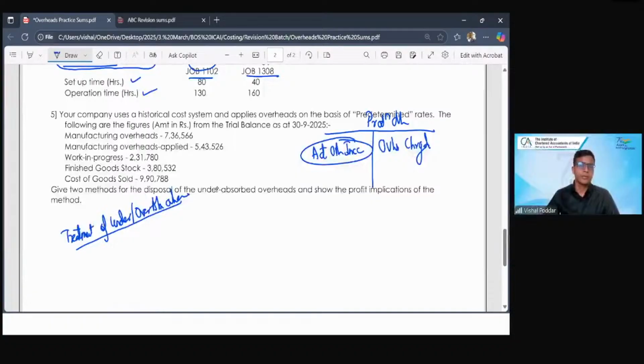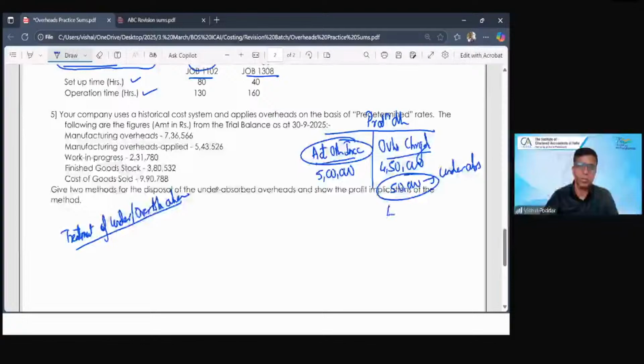Now, when you have these two different figures, in which debit side is your actual amount which you paid, credit side is the amount that you charge using ORR, definitely there will be some difference. Let us say this is 5 lakhs, what you paid, and what you charge is 4.5 lakhs, then this difference of 50,000 is called under absorption.